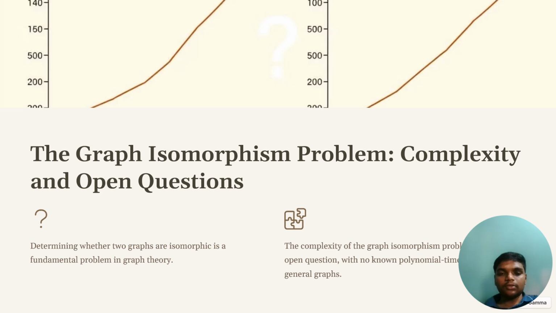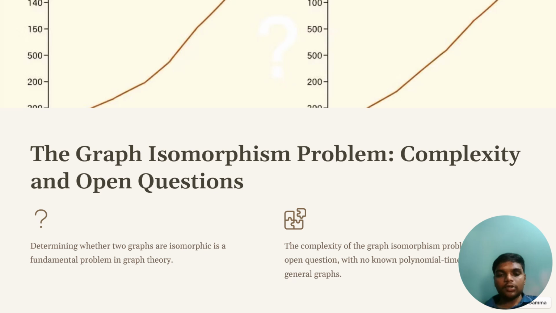In other words, two graphs G1 and G2 are said to be isomorphic if there is a bijection between their vertex sets, such that for every pair of vertices u, v in G1, there is a pair u1, v1 in G2 such that if u is adjacent to v in G1, then u1 is adjacent to v1 in G2.